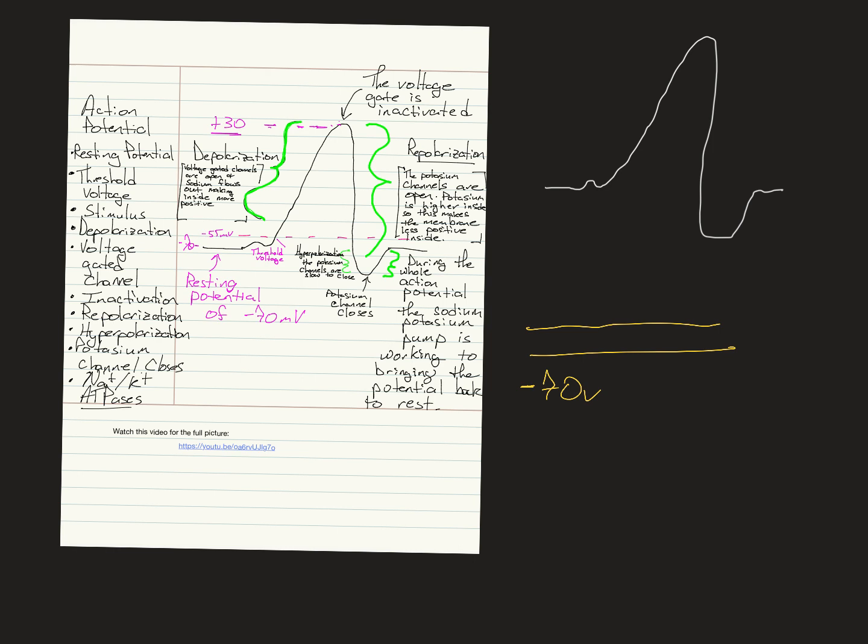So that's the resting potential. So when you have equilibrium, the leaky channels allowing sodium and potassium to go down their concentration gradients from high to low are balanced with the sodium-potassium ATPase pump, and everything's being kept at negative 70 volts.